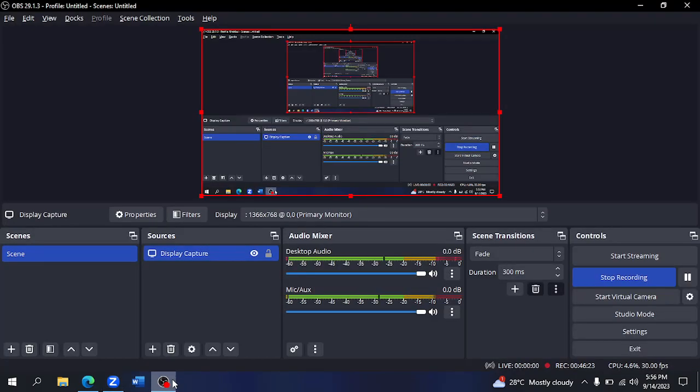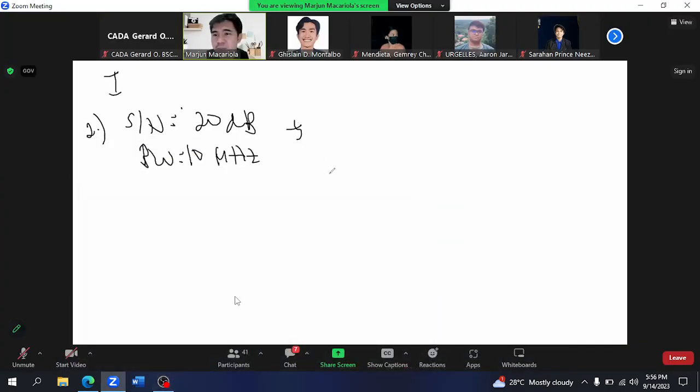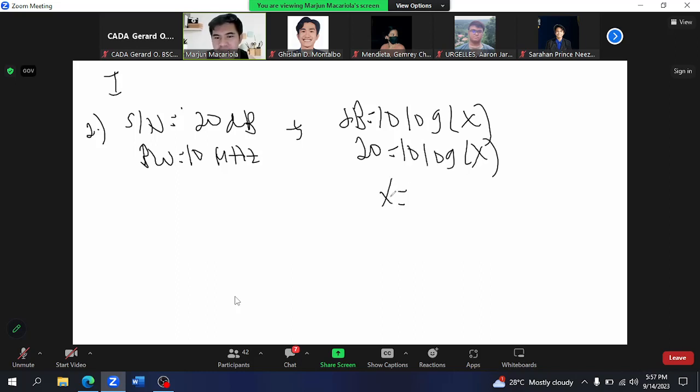First things first, we need to convert this decibel value to its factor value or normal value. To do that, again, use the formula dB = 10 log of x. So 20 is equal to 10 log of x. Then x, by using shift solve, is equal to 100.